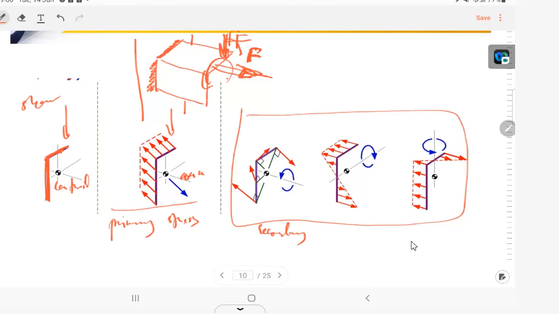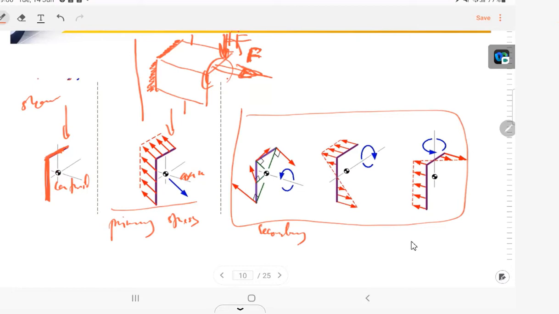Right. So once we identify the primary stress, then we need to identify the secondary stress. Why do we need to identify the primary and the secondary?